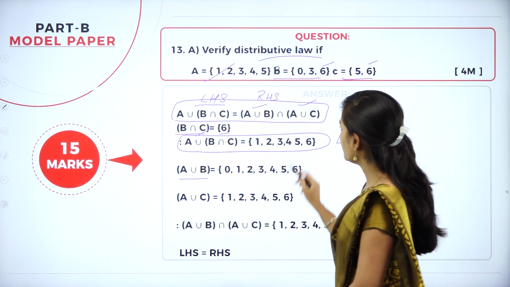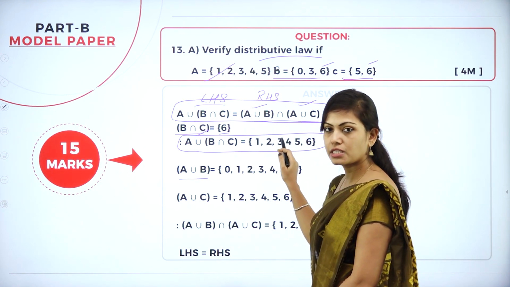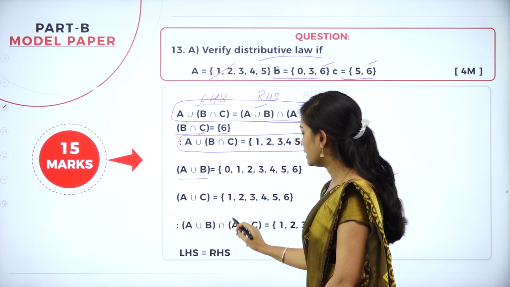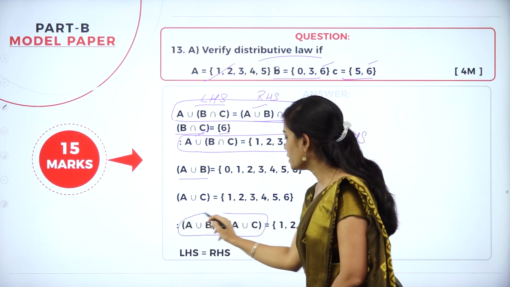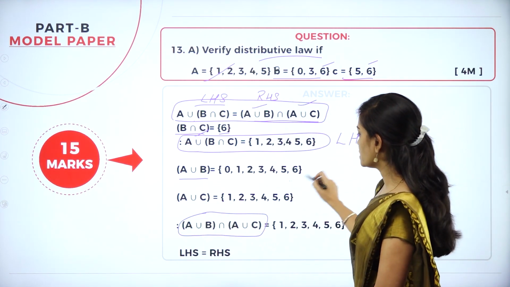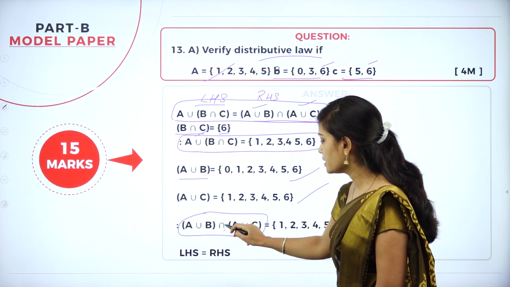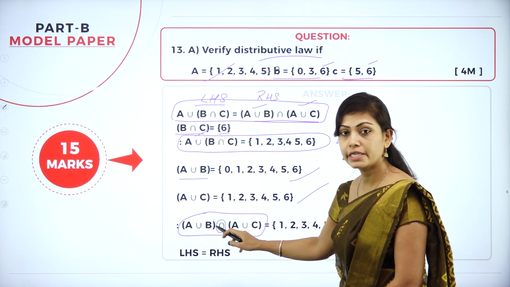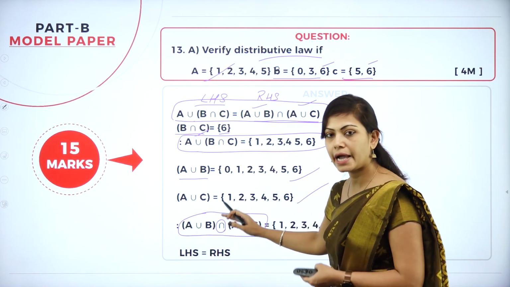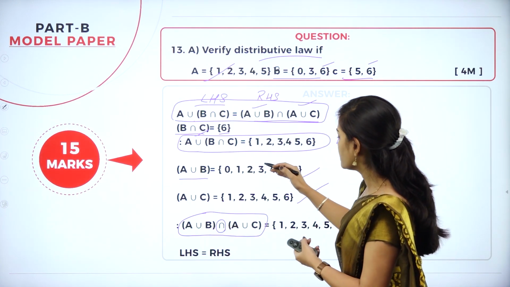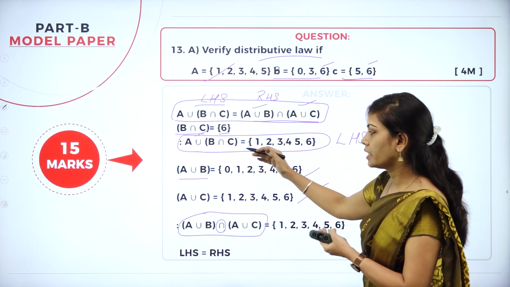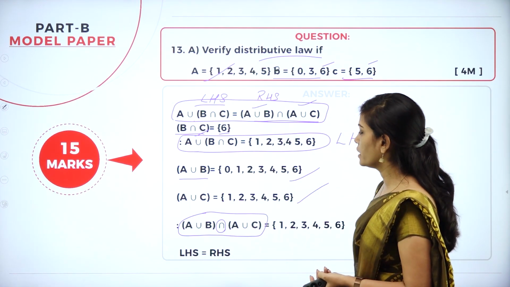So now the complete RHS is (A union B) intersection (A union C). You just take these two values and use intersection for A union B and A union C. Which elements are common for both A union B and A union C?